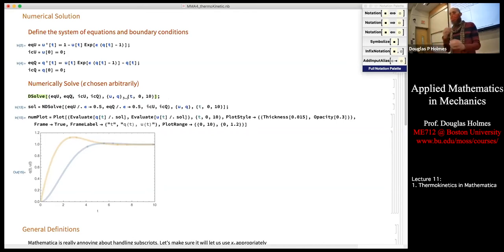However, the d-solve, which is solving this equation analytically, is trying to solve for u of t and q of t for all time. So the reason why you put u of t, q of t here, where the square brackets are with time, is because you're asking it to solve over the entire domain of time.